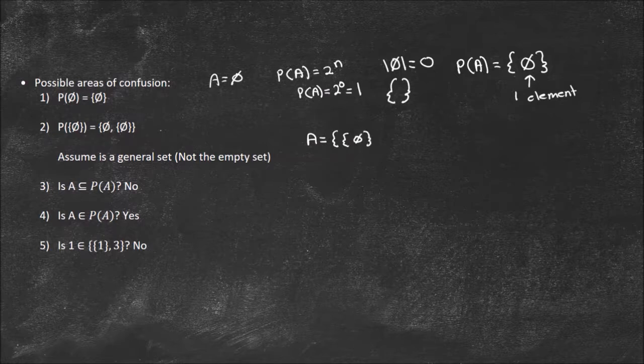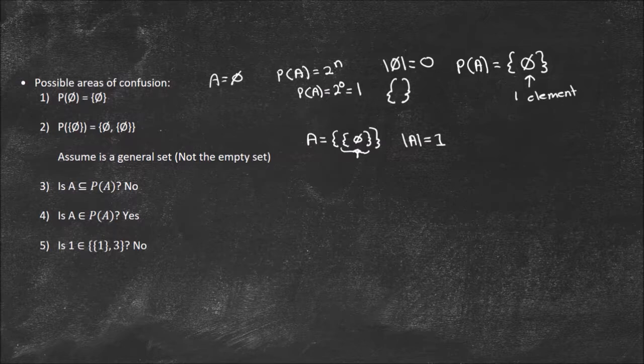This is a common area of confusion in general when teachers do the set containing the empty set, because you really have to think about this. We kind of have an element here, right? Because now this whole thing is an element. We have something inside of the set, and that is the set containing the empty set. So the way I like to think about it is, the cardinality of A now is 1 because I have an element.